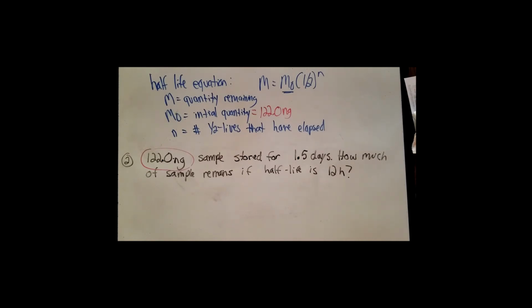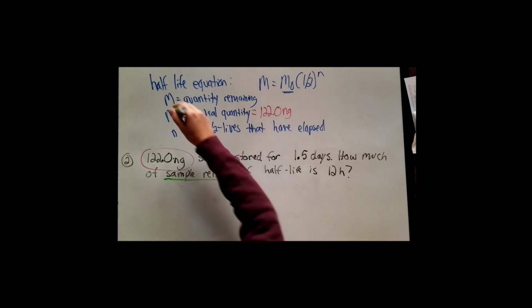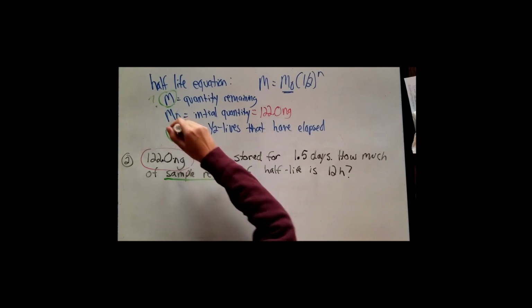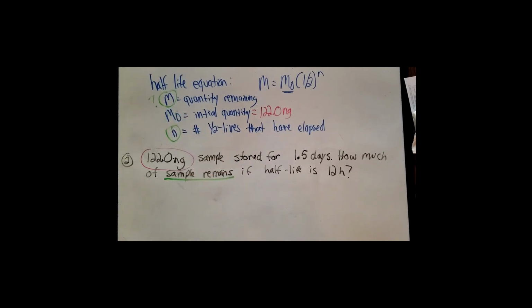Quantity remaining is what we're looking for: how much of the sample remains? That's what we're solving for in the end. So the only other piece of information we need is this n value. How many half-lives have elapsed?